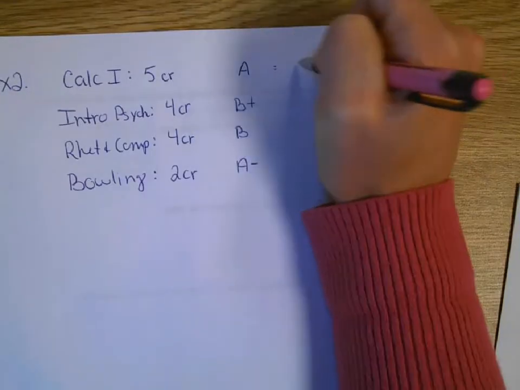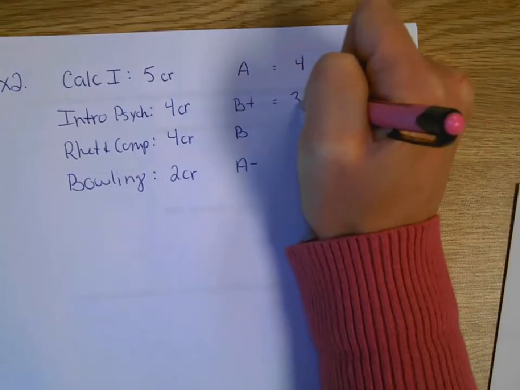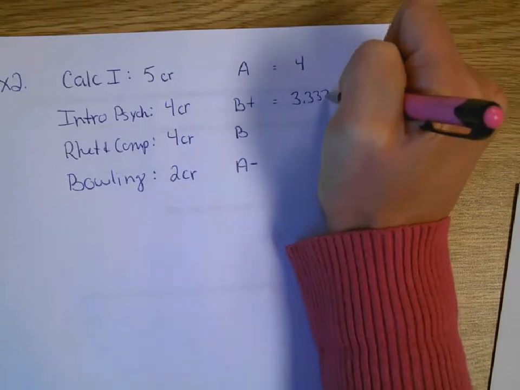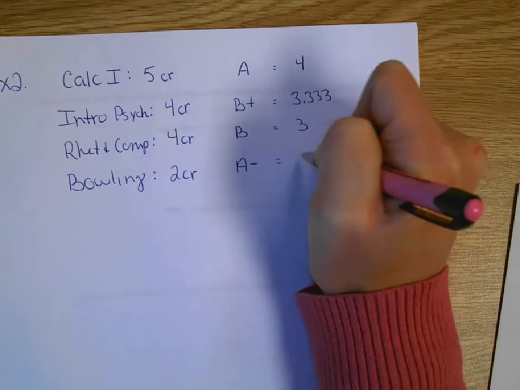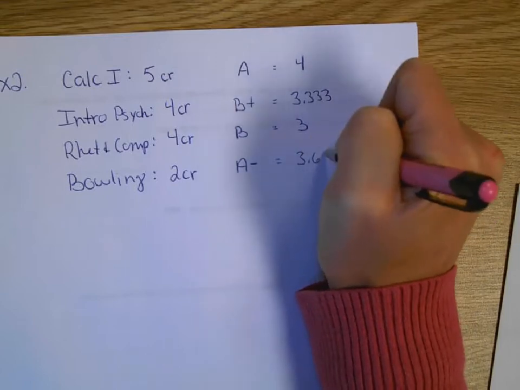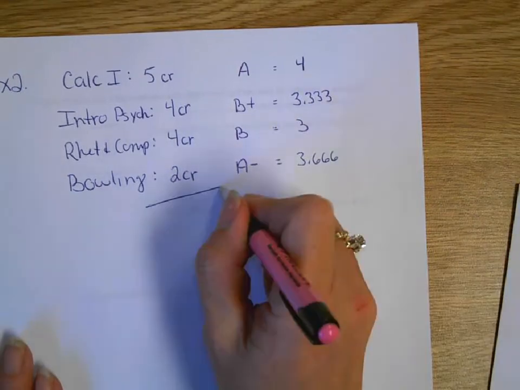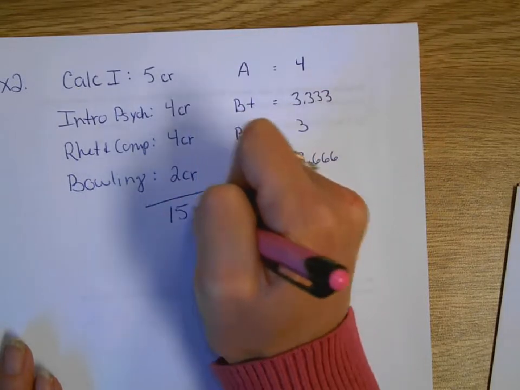So our A, 4.0, a B plus, 3.33, repeating. A B is a 3. An A minus is a 3.666, repeating. They all subtract by 1/3 each time. Okay, so your semester was a 15 credit semester.